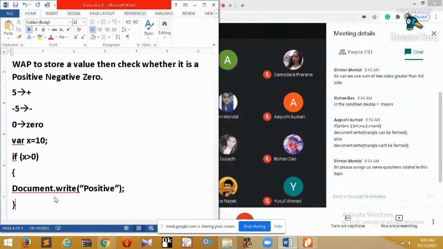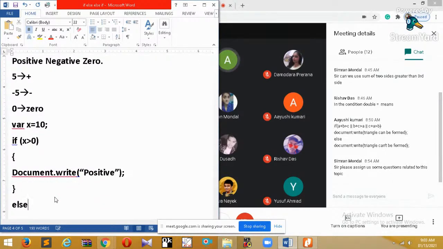Next, else if. Now we are not writing else. Why? Because now we have more than two conditions. So that's why we are writing else if.